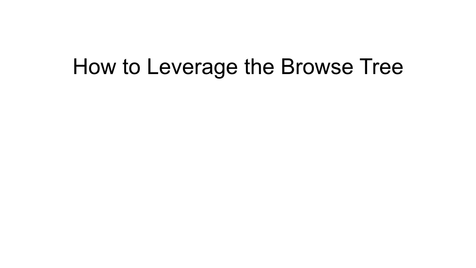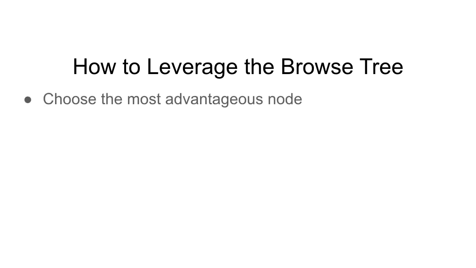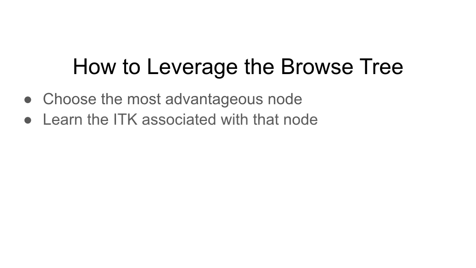All right, now that you know where to go and how to get those browse tree node item type keywords, well, now we need to learn how to leverage that so that you can choose the most advantageous node and you can learn the ITK associated with that node and move forward on to focusing on your listing.